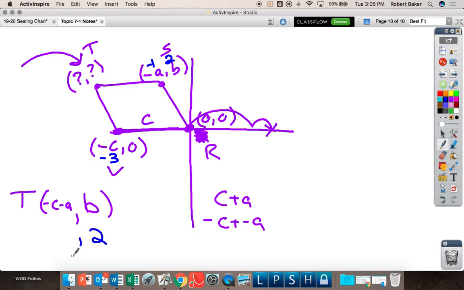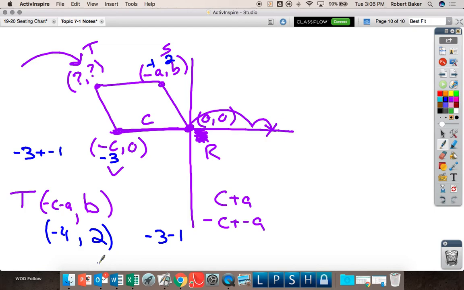Does that make sense? Now I went back 3 units and back how many more? Negative 3 minus 1 is negative 4. Does it work with this notation? So the point is at the location negative 4, 2.